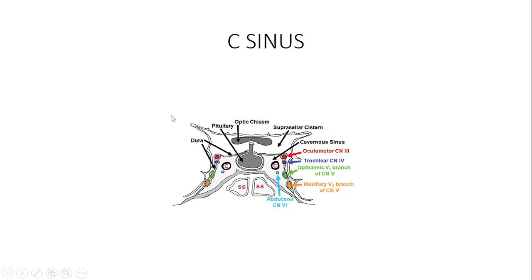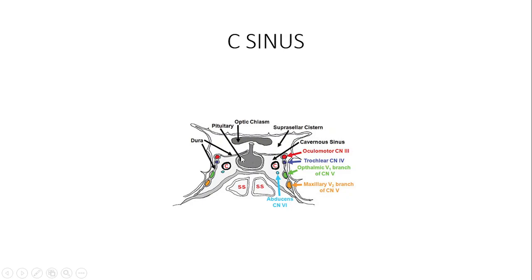This picture shows more details of importance to you. As I said, the cavernous sinus is found within the sphenoid bone. The sphenoid bone contains the sella turcica, in normal translation the Turkish saddle.